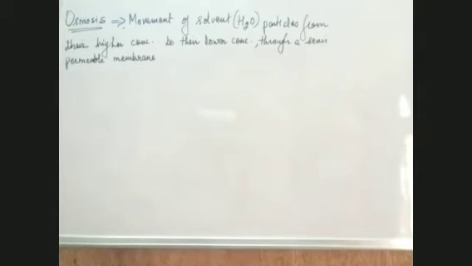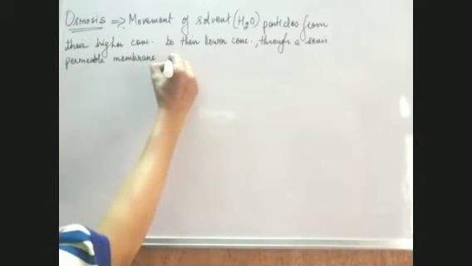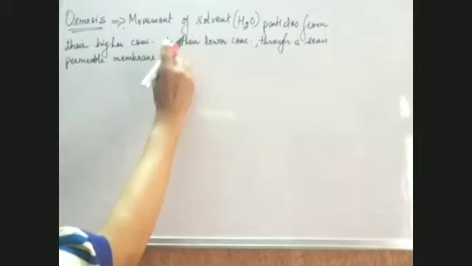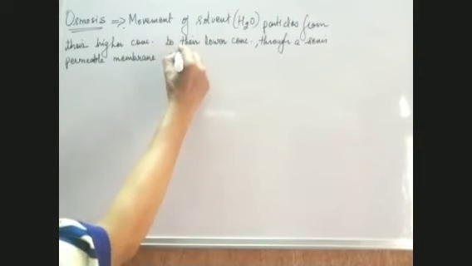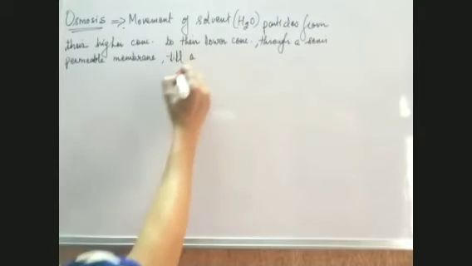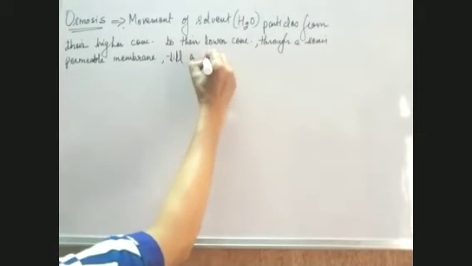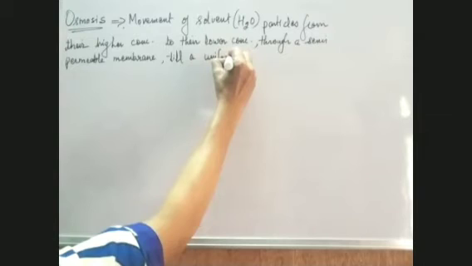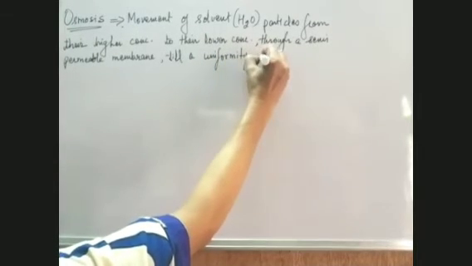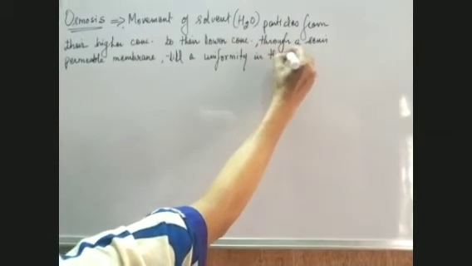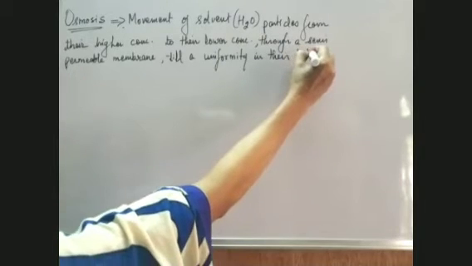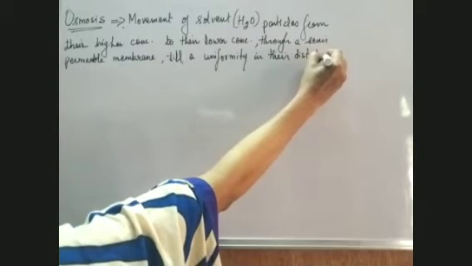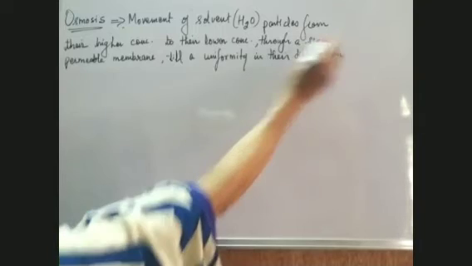So, movement of solvent particles or water particles from their higher concentration to their lower concentration through a semi-permeable membrane, till a uniformity in their distribution is achieved.